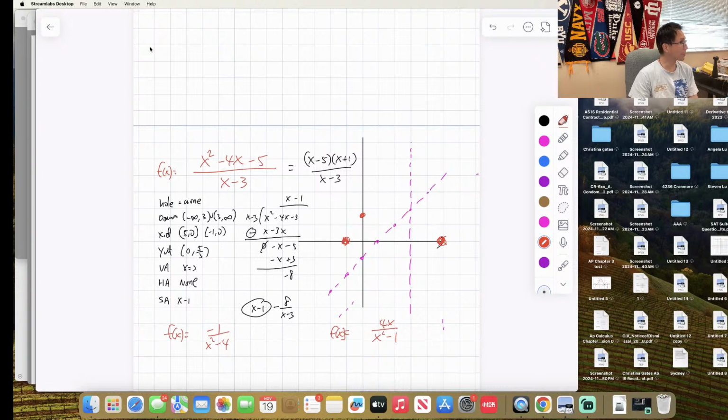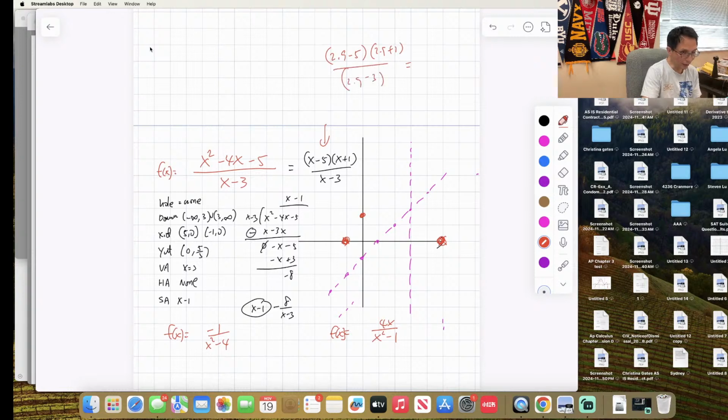Okay, so now the last part is what people ask: are they gonna go up or go down? So remember, this part could go this way or this way, right? But first of all, they usually don't cross the slant, so probably prefer to go upward. But if I want to make sure, I plug in 2.9 into here. So it will be 2.9 minus 5, 2.9 plus 1, 2.9 minus 3.